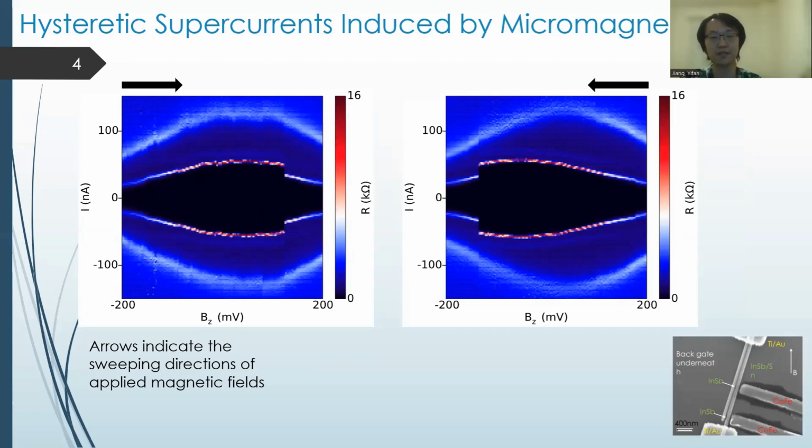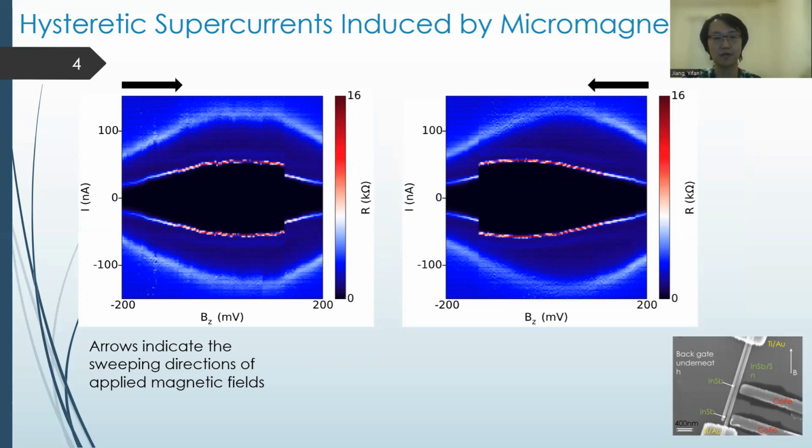The interesting thing is that under magnetic field scans, the supercurrents are hysteretic. From the left plot, you can see that I apply a magnetic field from negative 0.2 Tesla to positive 0.2 Tesla.